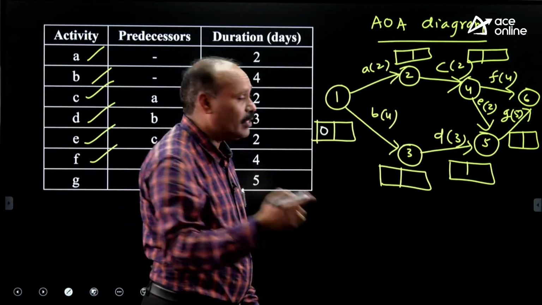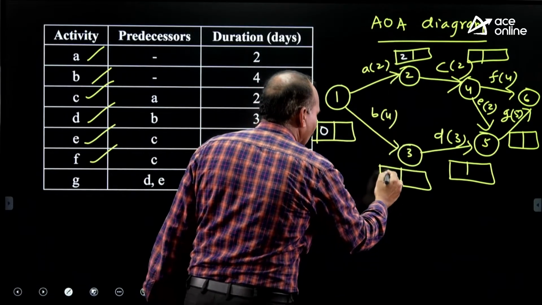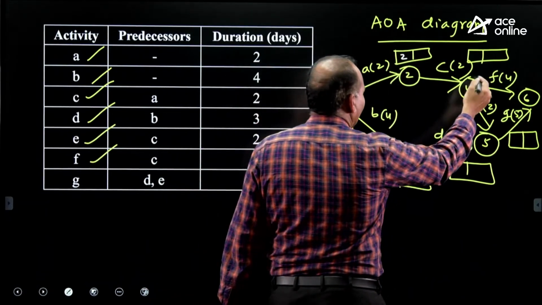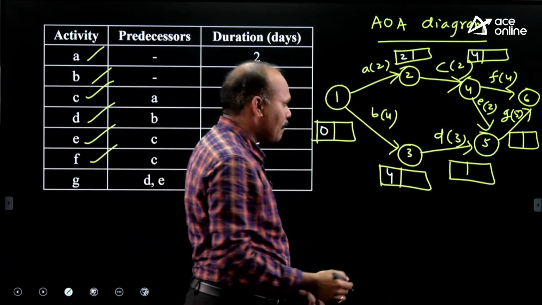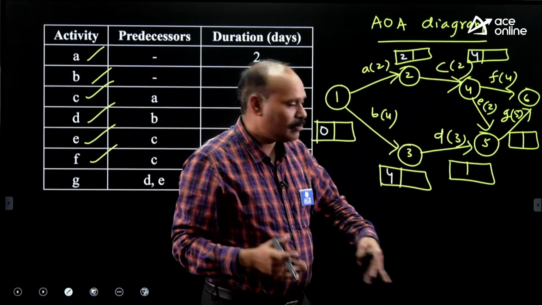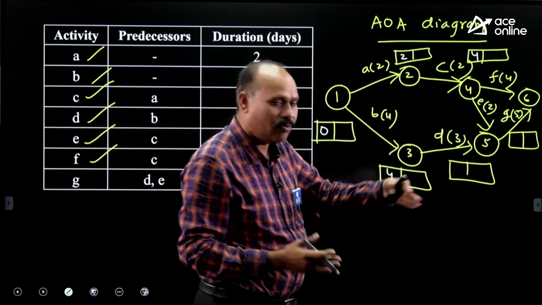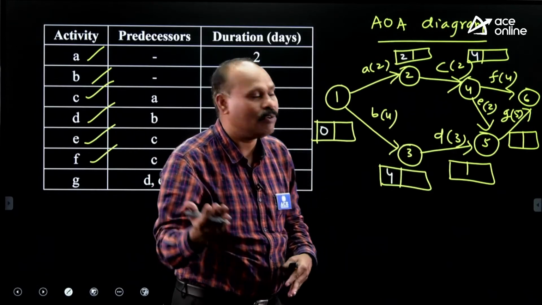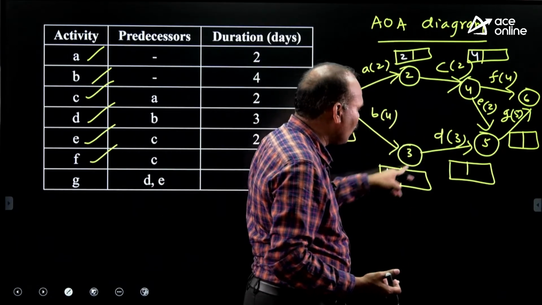Second event, 0 plus 2, 2. Third event 4. Fourth event 2 plus 2, 4. Coming to the fifth event, there are two ways. You can move in the direction of 4 to 5 or 3 to 5. When multiple paths are there, we will take the maximum. 4 plus 2, 6. 4 plus 3, 7.